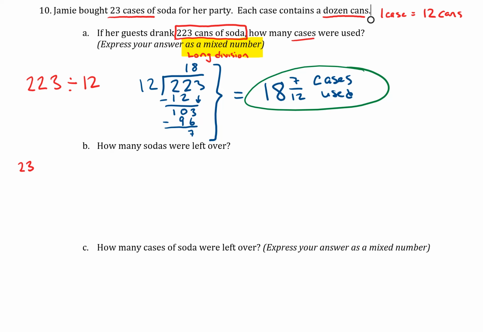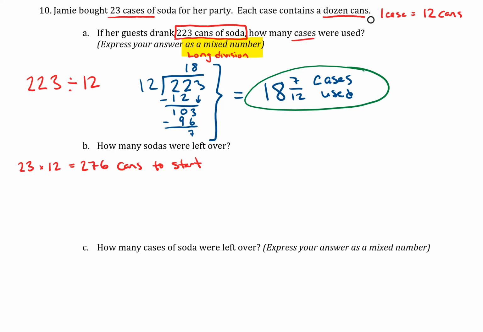Well, each case is 12, so we have to multiply that by 12. And if we do 23 times 12, that is 276 cans to start with.